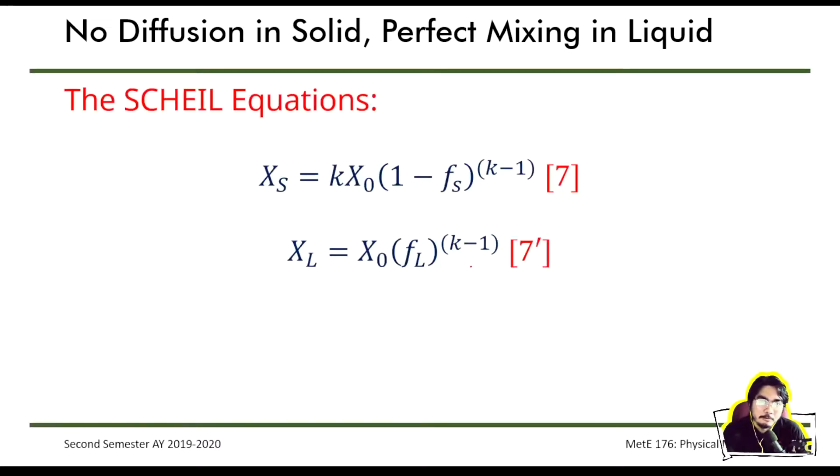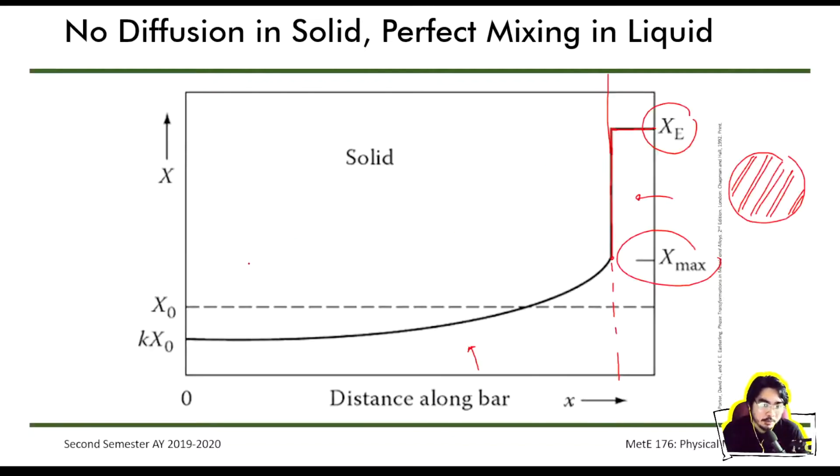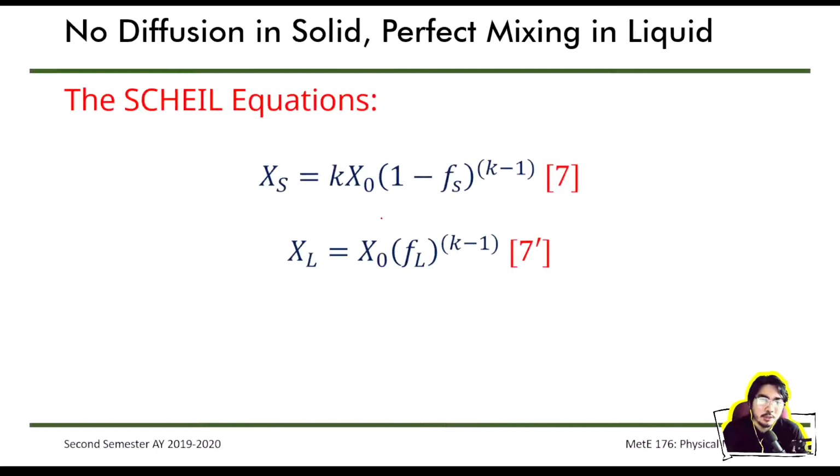Okay? Now, in this particular case, we can actually do the math and compute the relationship between XS, X naught, and this FS value, which is the solid fraction.